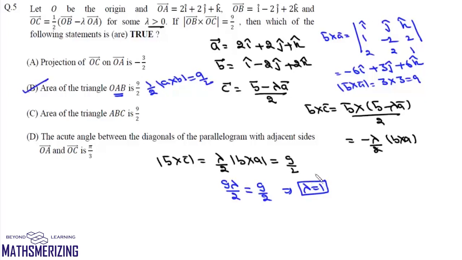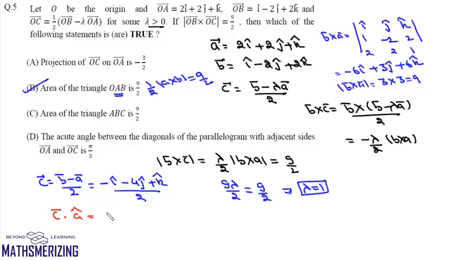Now since we have lambda here, we can write this C as B minus A by 2, and B minus A by 2 will be minus i minus 4j plus k, whole divided by 2. Now first we need to find projection of C on A. Now projection of C on A is C dot A cap.